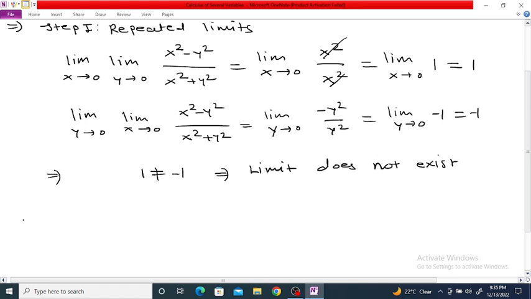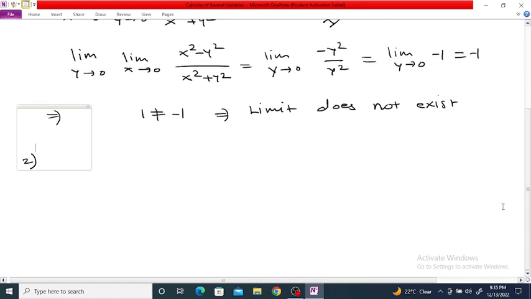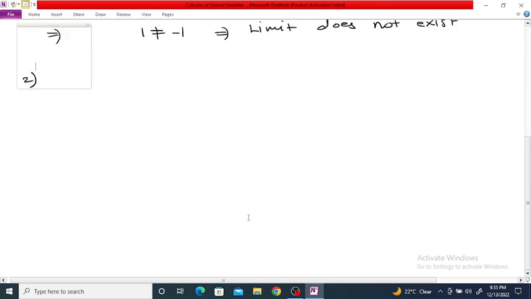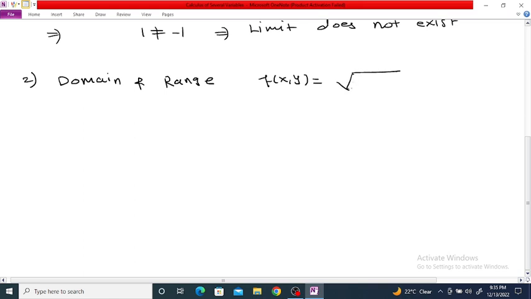Second example, example number 2. Find the domain and range of the function f of (x, y) is equal to the square root of (y minus x square), and also sketch the domain.